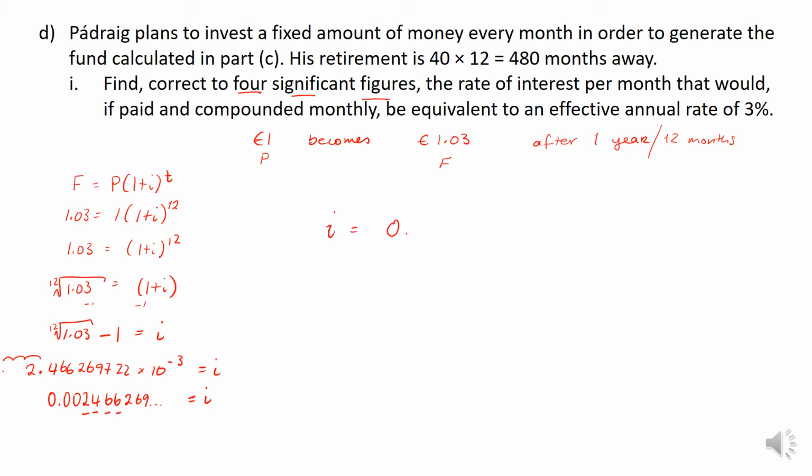So I can say that I is equal to 0.002466. That's in decimal form, or multiplying by 100 will give us a percentage, and we get 0.2466%. So it's a much smaller percentage for monthly. All right. So we need that if we're to be using monthly repayments.